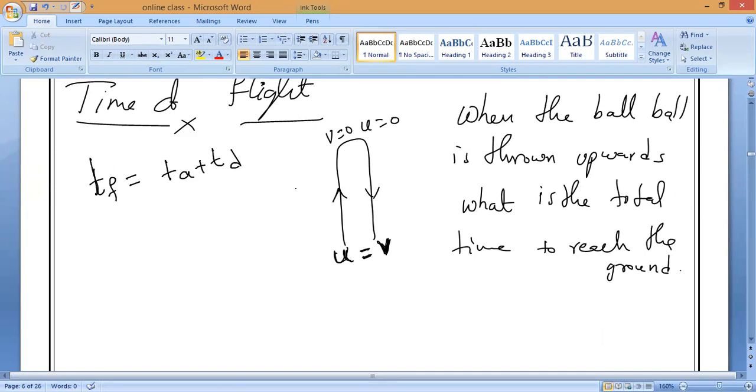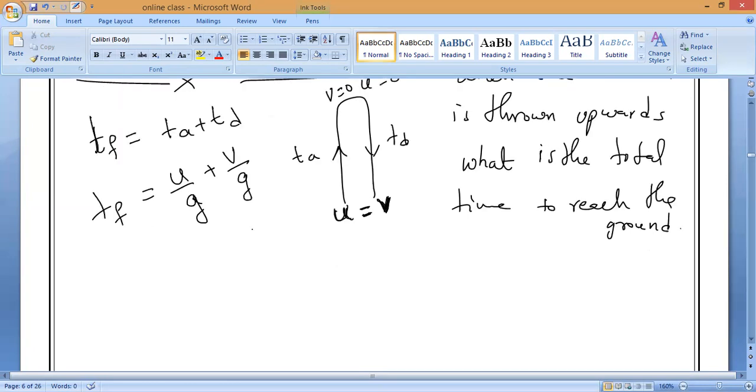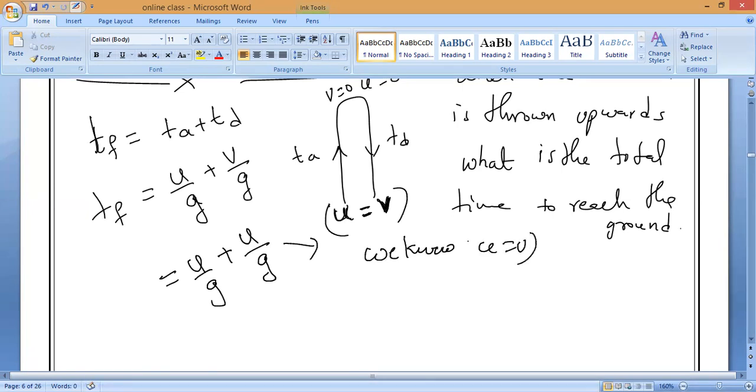Time of ascent is U by G, time of descent is V by G. As we know, initial velocity is equal to final velocity, so in place of V, I can write U. The base is the same, so we can add directly: 2U.